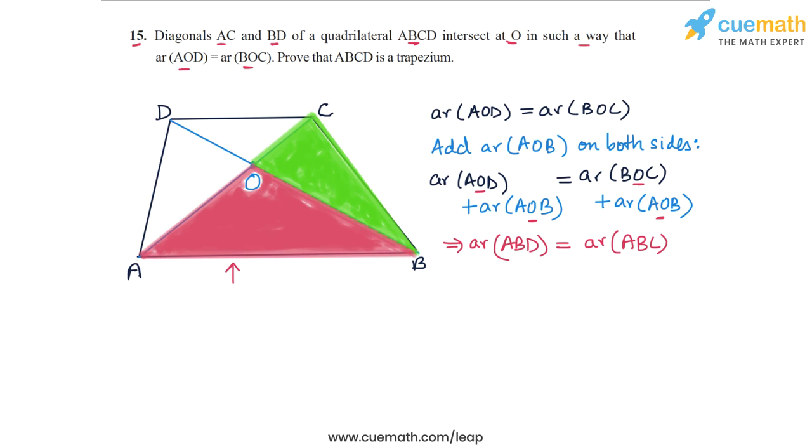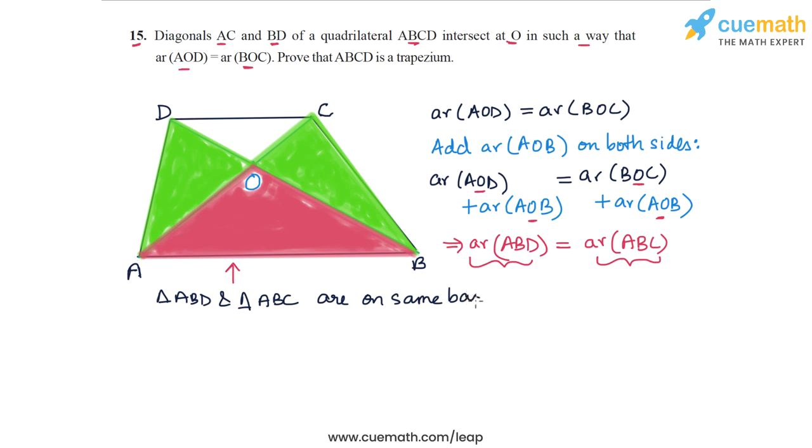So what we get is the area of triangle ABD is equal to the area of triangle ABC, and because these triangles, triangle ABD and triangle ABC, are on the same base, the same base is AB this side, and their areas are also equal, this means that they must be between the same parallels.